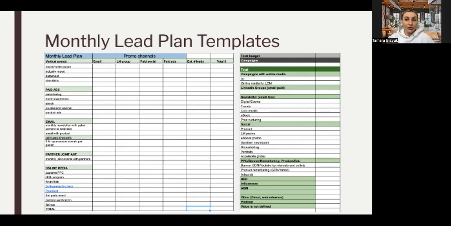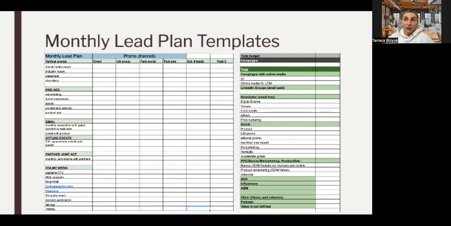But this is what you should be planning in the beginning of the month together with the team. So you have your daily sync. Is it virtual or in the office? Doesn't matter. You get together, you sit down, you plan the campaigns and the number of leads that you expect or would like to generate on a monthly basis, as well as what channel or what campaign allocates what marketing budget.